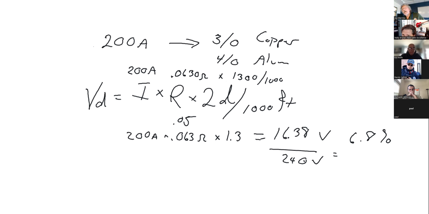Although oftentimes the power coming in at the main is higher than 240. Like at my pole, at my main, it comes in at 245. So I've got an extra 5 volts that I could lose in voltage drop there. So if you're coming in at 245, then you're probably fine.